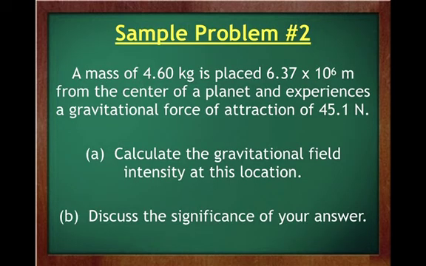So this would be a sample problem. If you have a mass of 4.60 kilograms placed 6.37 times 10 to the 6 meters from the center of a planet, and it experiences a gravitational force of attraction of 45.1 newtons, what is the gravitational field intensity at this location? And then discuss the significance of your answer.